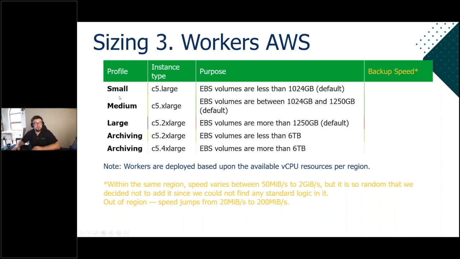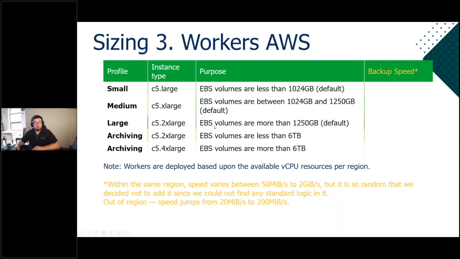So we have profiles which are configurable in Veeam Backup for AWS appliance. So small profile will be used for volumes which are less than 1 terabyte. C5X large, it's a medium, will be used for 1000 gig to 1250 gigs.